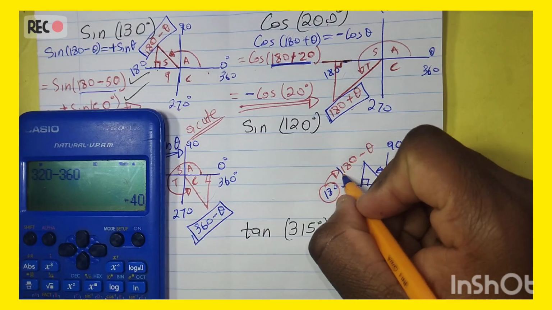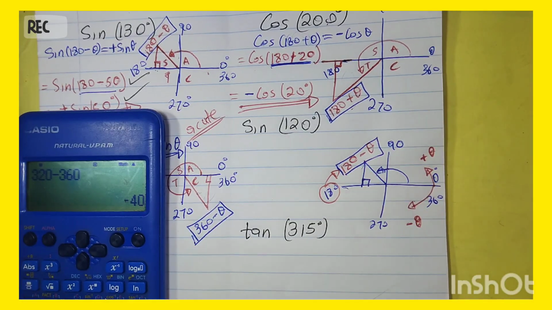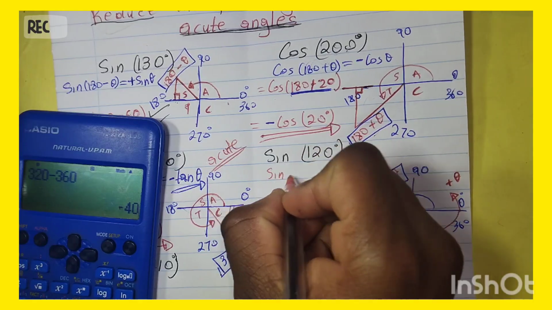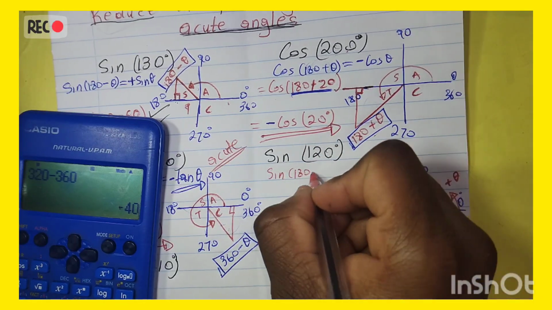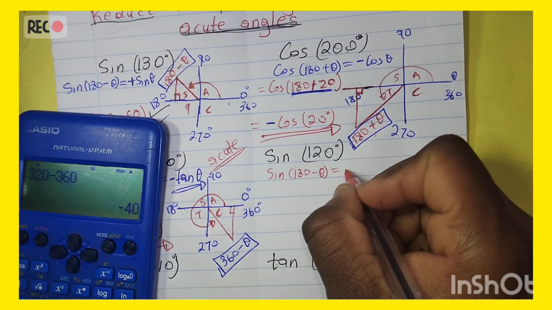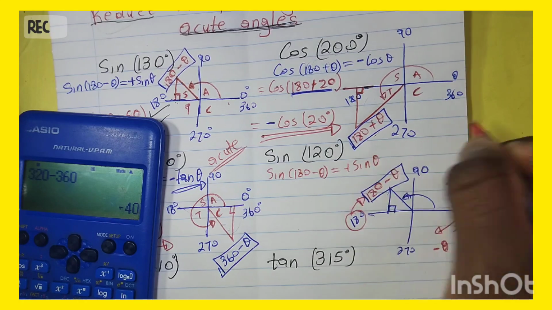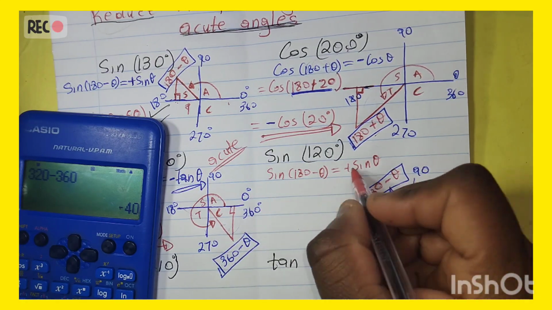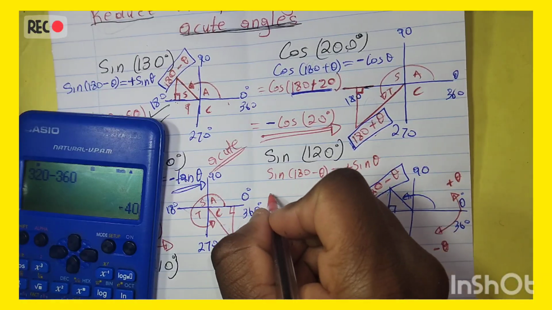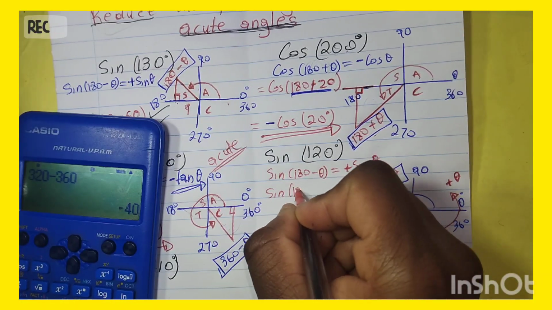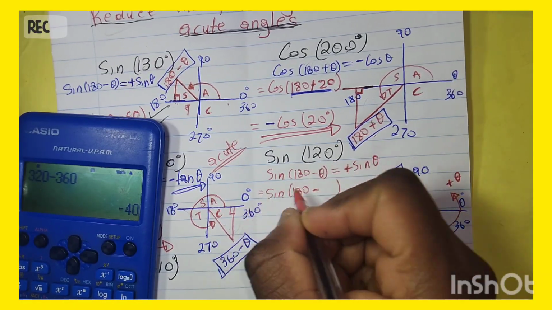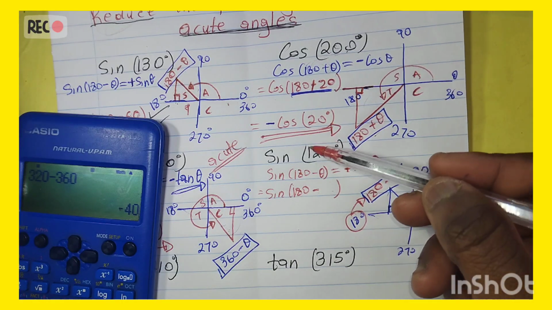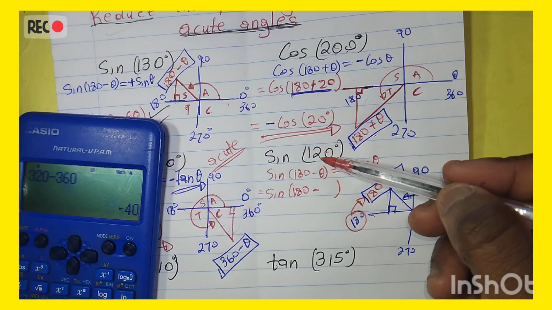Let's use that position here. Meaning this will be sine of 180 minus theta, which is positive sine theta. I can apply it now to the question: sine 180 minus what number can I put here so that I get 120?